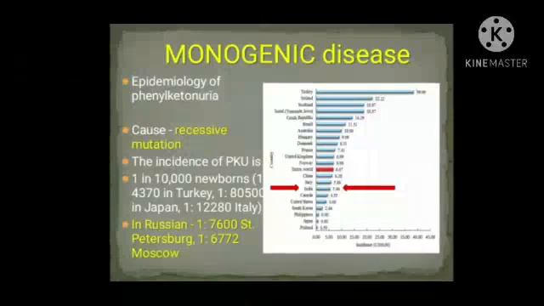In this slide, you can see the distribution of phenylketonuria disease, the incidence of the disease in children per 100,000 population in many countries. Phenylketonuria is an autosomal recessive disease.